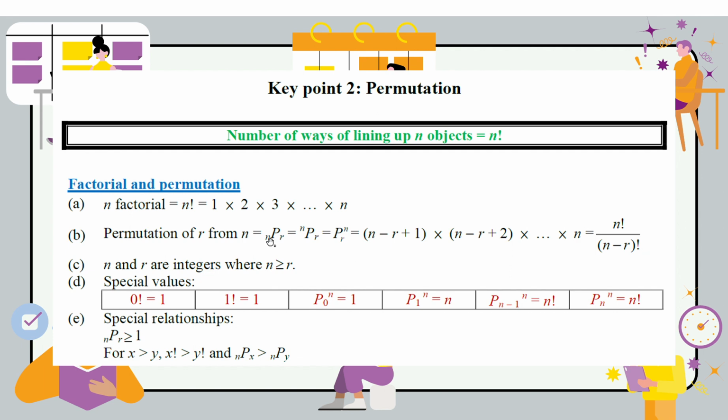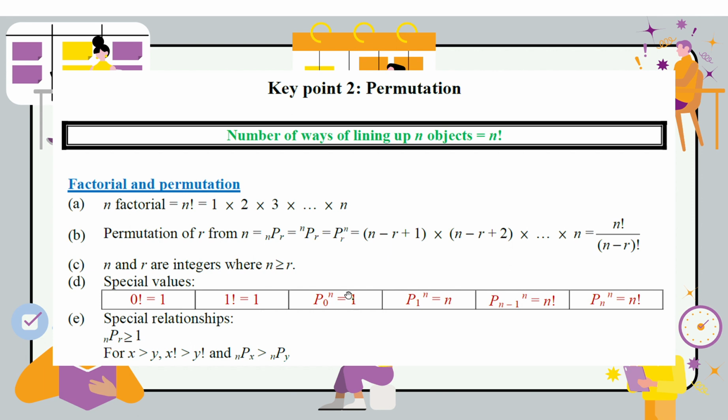There are different ways to write it down. In IB, I found out this year that the nPr way, the right-hand side, is more popular. n and r must be integers, and the upper one must be larger than the lower one. Some special cases: 0 factorial is 1 by definition. 1 factorial is 1.